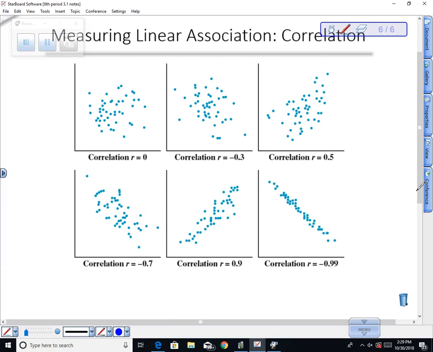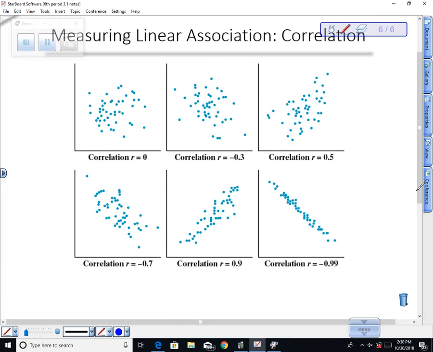You're going to have a matching exercise in your homework, and you can use them more than once. As the points get more compact and closer to forming a line, R gets higher, and you look at the slope to tell if R is positive or negative.